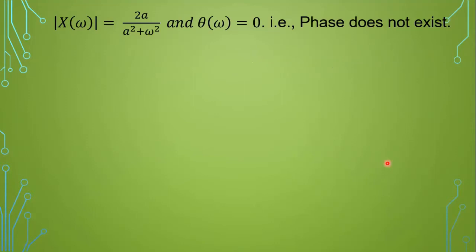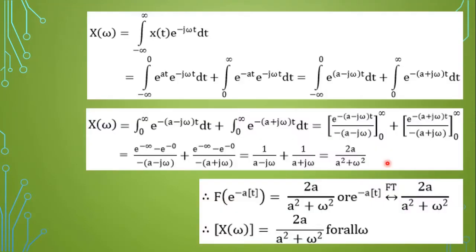So now here, what is x of omega? x of omega is 2a by a square plus omega square. There is no imaginary part here, only the real part is there. What is the rectangular form? z is equal to x plus jy is the rectangular form, where x is the real part and y is the imaginary part.